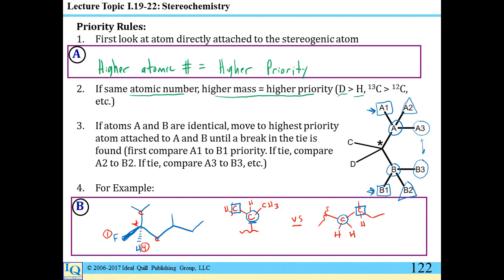So we go back to our original tie site and say, well, what is the second highest atomic number? It's another carbon. The second highest atomic number atom coming off of this carbon is going to be a hydrogen. You only have one carbon and you've got two hydrogens. Now, this carbon beats this hydrogen. So that entire substituent, going back to our original structure, outranks this other substituent in terms of priority.